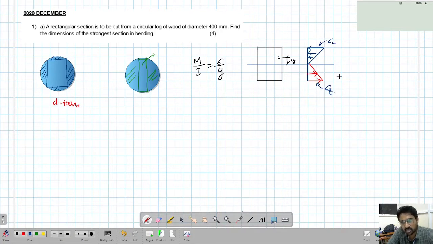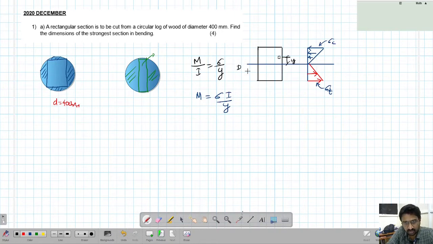Depending upon the value, we have a moment at which we have this much strength. So we can say M equals sigma into I by y. What is the maximum value of stress, sigma C or sigma T? It is when y equals the depth by 2.